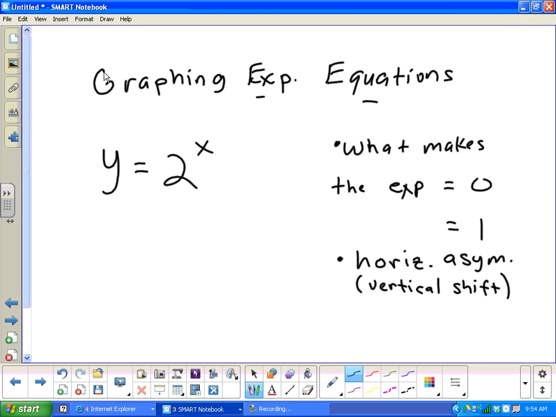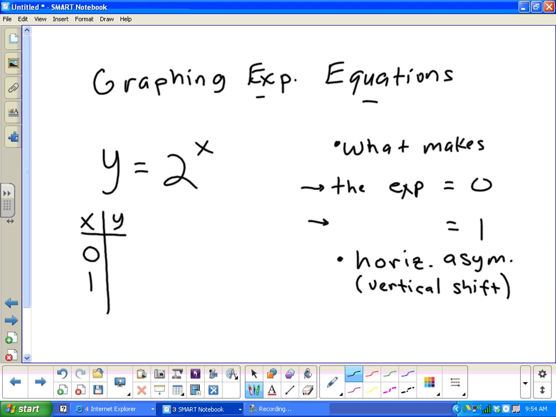So let's start off. We're going to make a t-table, and pick values of x to do what we said over here: it makes the exponent 0 and it makes the exponent 1. In this case, since the exponent was just plain old x, what made the exponent 0 and 1 would just be 0 and 1. Now, how are we going to get the y coordinates, you think?